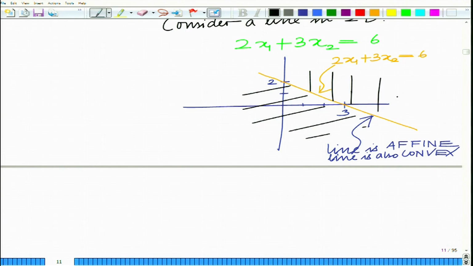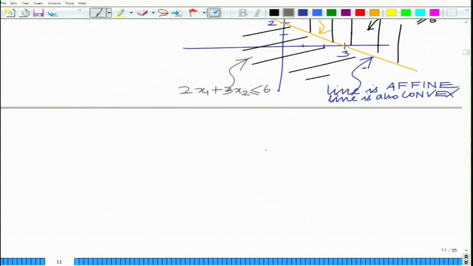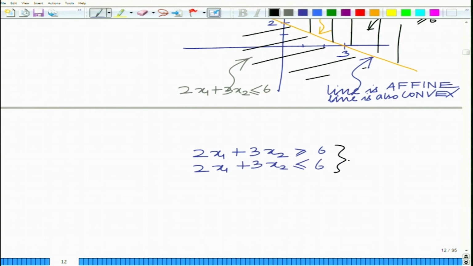This region is the region 2x1 plus 3x2 greater than or equal to 6, and this region is the region 2x1 plus 3x2 less than or equal to 6, and these regions are known as half spaces, okay.